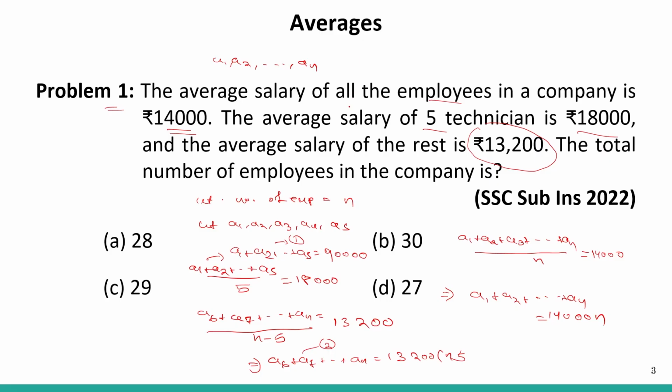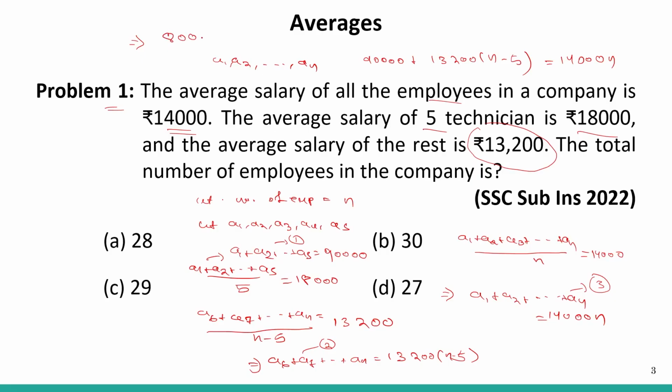So adding equations 1 and 2 and equating with equation 3, what we are left with is 90,000 plus 13,200 into n minus 5 is equal to 14,000 n. Solving this algebraically, let's take n to the left-hand side.